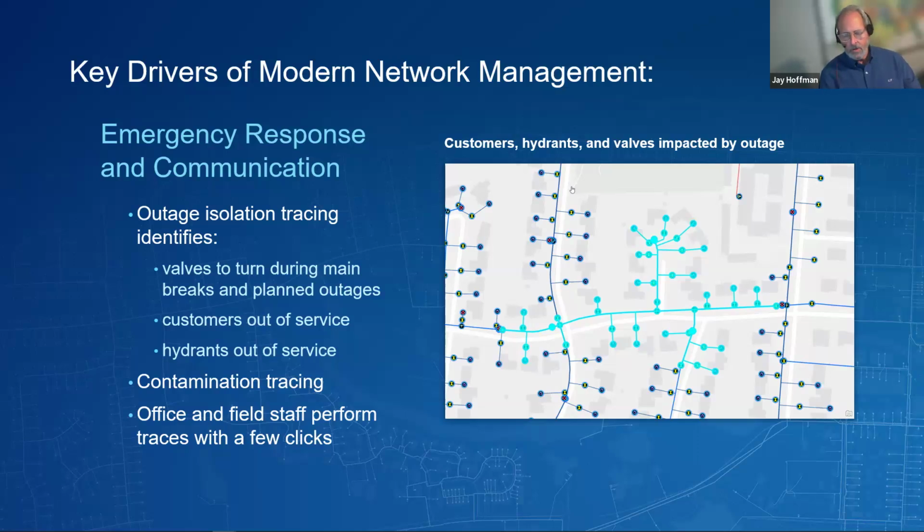ArcGIS provides trace network tools that allow staff from the office and in the field to be able to produce these, and even your field guys can, from their device, create a trace on the fly and identify what valves to turn off and what customers are affected, as well as what hydrants are out of service.